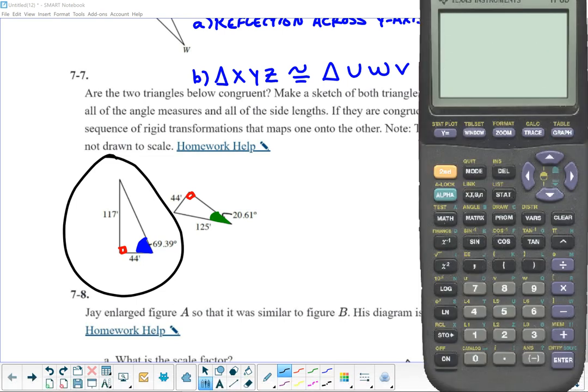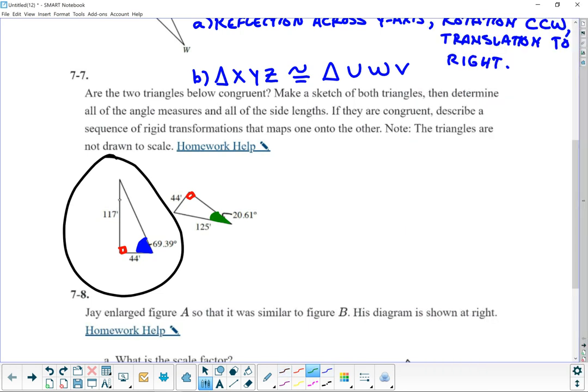You might have remembered from middle school that in a triangle there's a total of 180 degrees. We're going to take away the 90 degrees, which is the red one, and then take away the 69.39, which is the blue one, and that should give us the remaining, which is the green one. So 21.61.